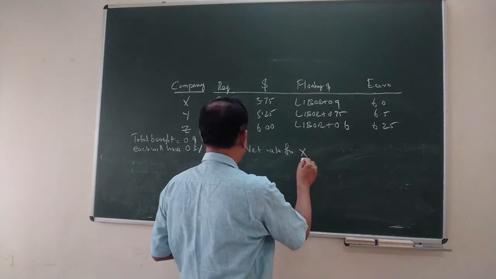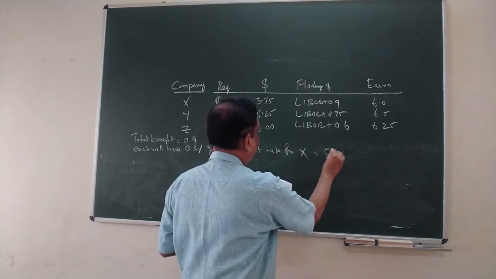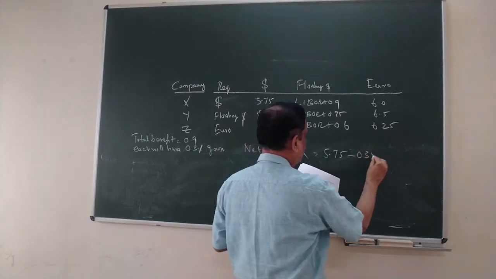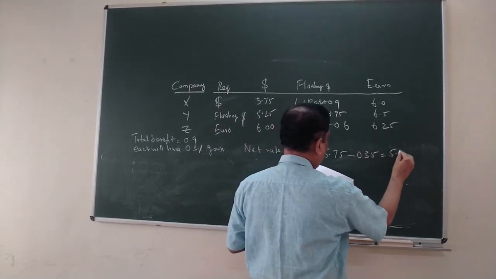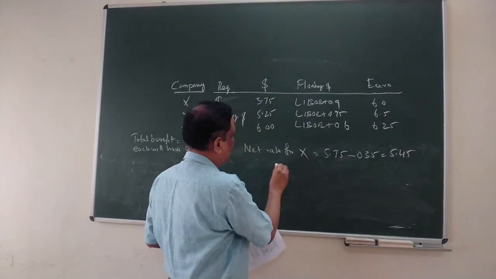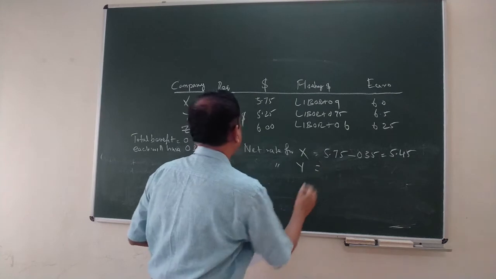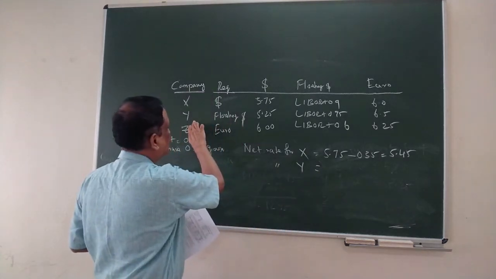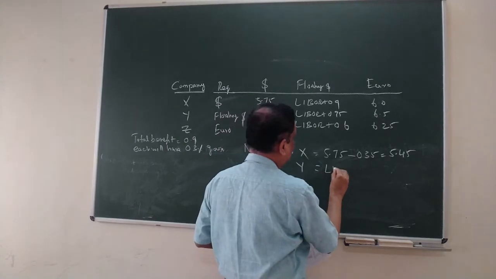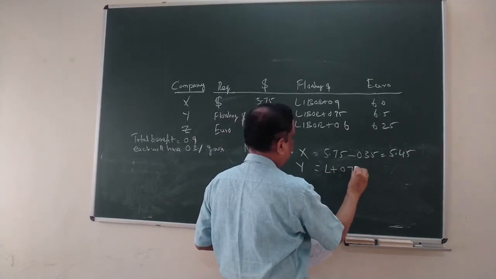Their applicable rate is 5.75 minus 0.3, so they would get the loan at 5.45. And the net for Y: they want floating, their applicable rate is LIBOR plus 0.75.